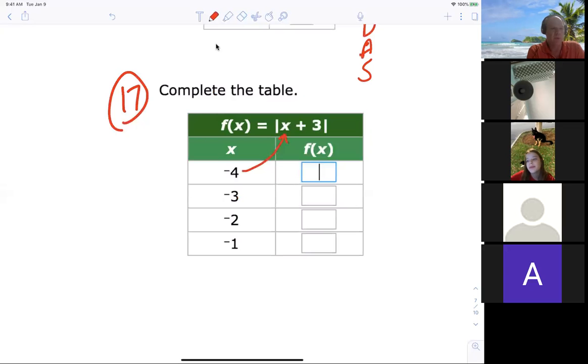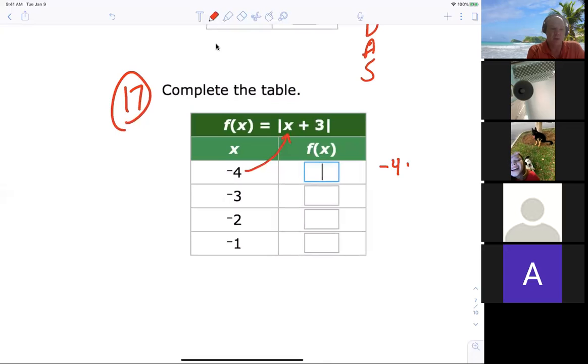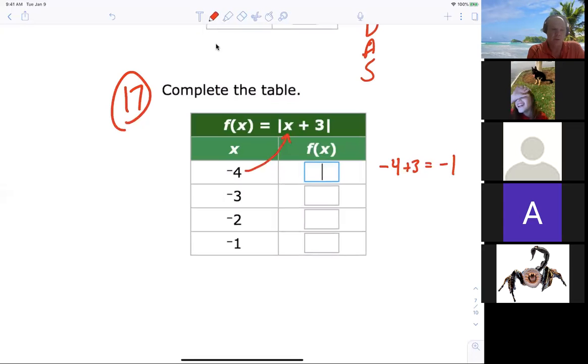You're not answering my question, guys. I said, what is -4 plus 3? -1. Then you're taking the absolute value of -1. The answer is 1. Oh, I'm dumb.